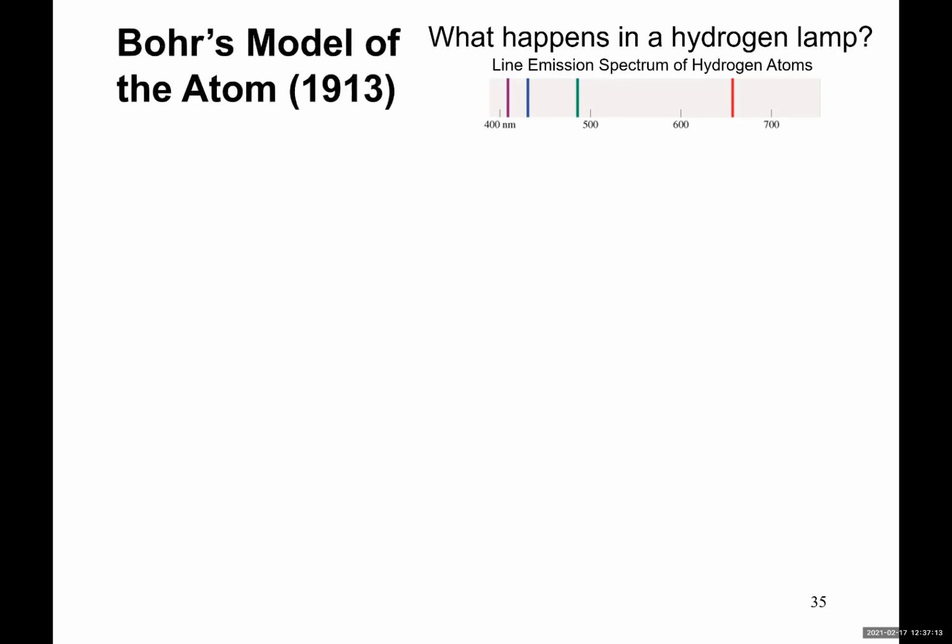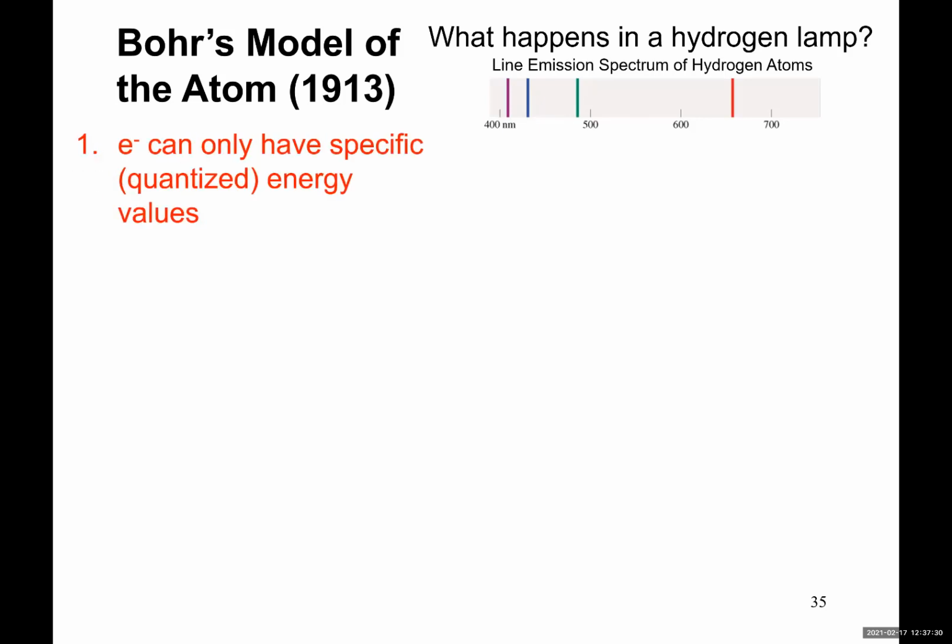So let's see how Bohr tried to explain the observation of the lines of a spectrum, these lines of the spectrum of hydrogen. He was actually able to calculate and come up with a formula for every one of these lines.